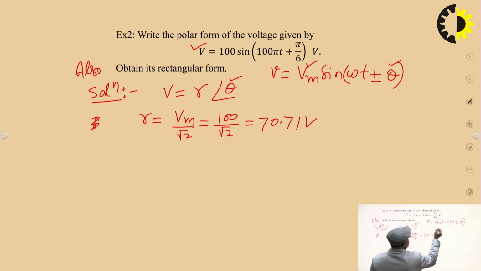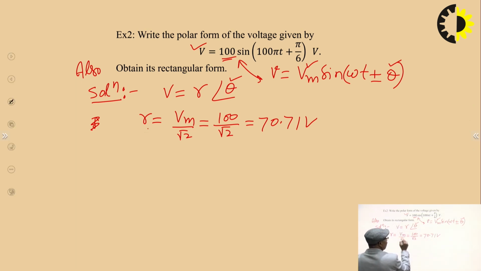By comparing these two equations, we can see that Vm is 100. That's why our RMS value is Vm by root 2, 100 by root 2, and theta here is pi by 6, that is 30 degrees.